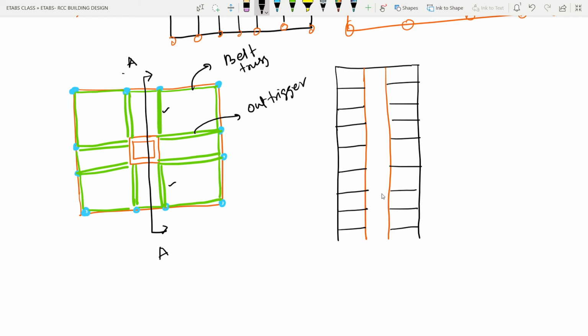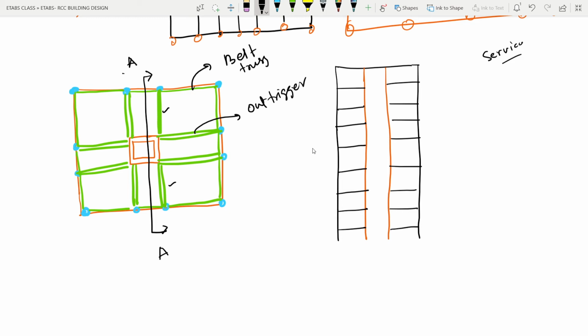We can provide them at service floors, where we keep the machinery, workstations, generators, or whatever it is. Those service floors can be at an interval of every 7th, 8th, or 9th floor. So we need to provide them at the service floors only.